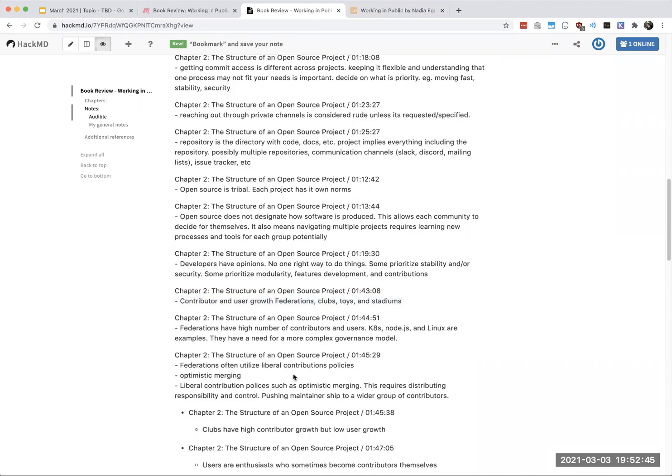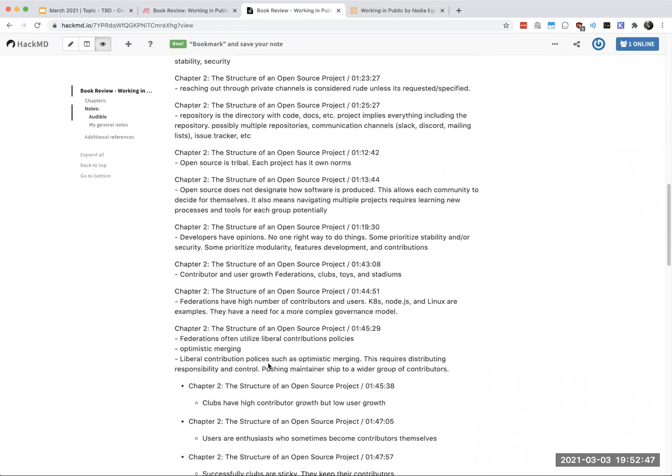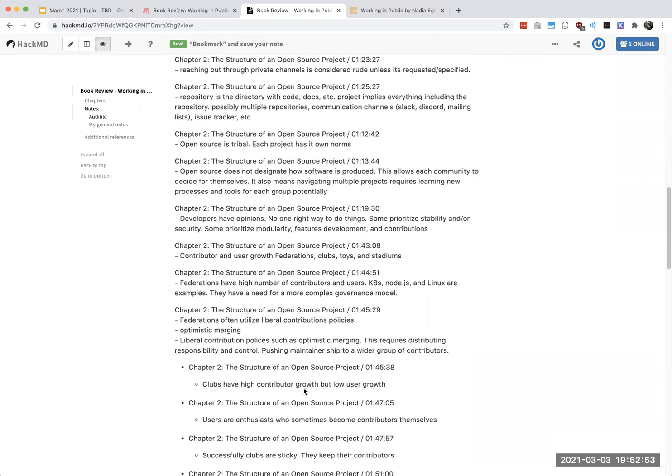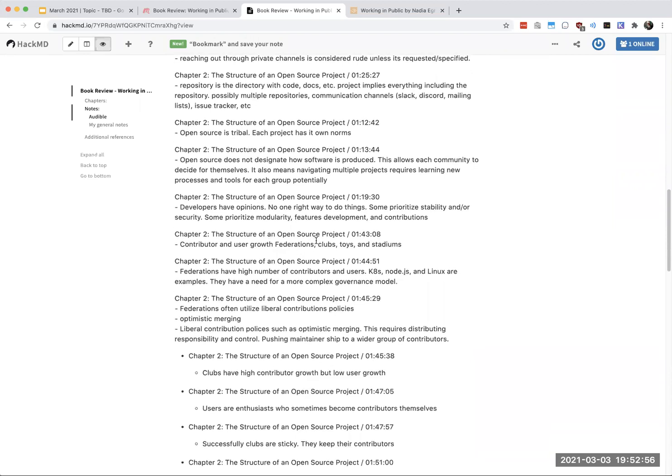One of the things on the federation side is that there are some projects that have done better than others on distributing the workload of maintenance and that maintainer leadership to multiple people within federations.